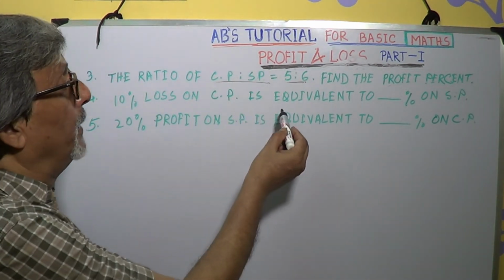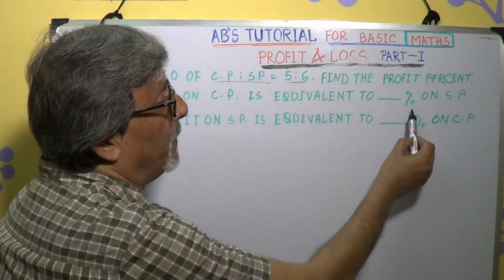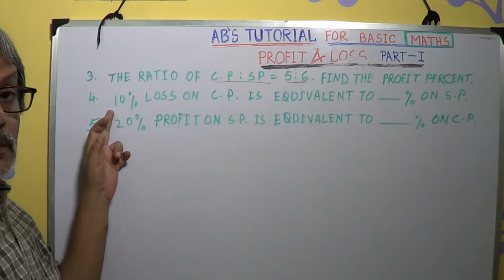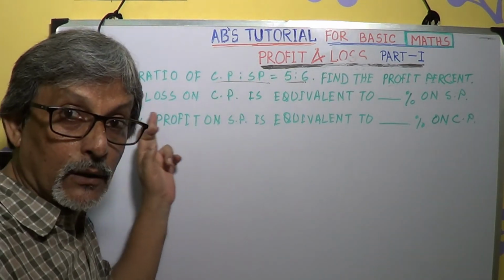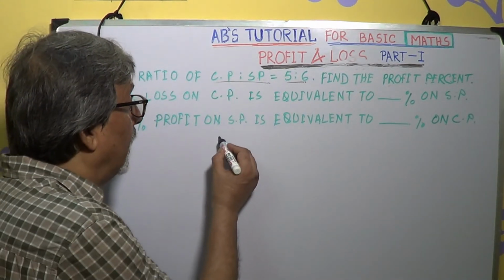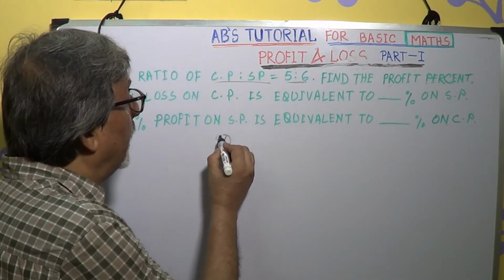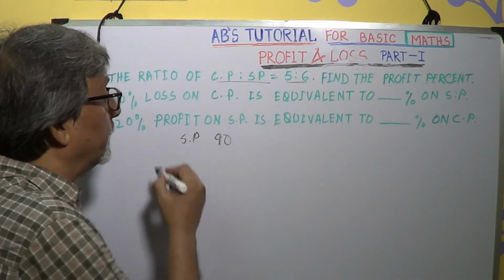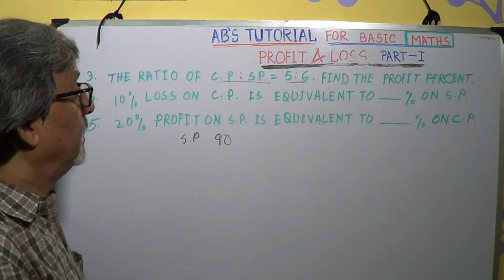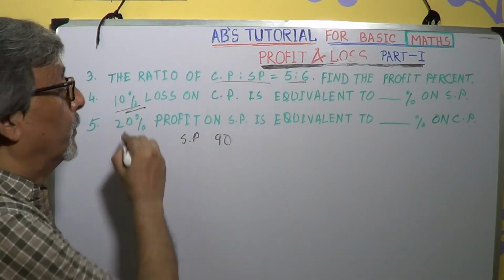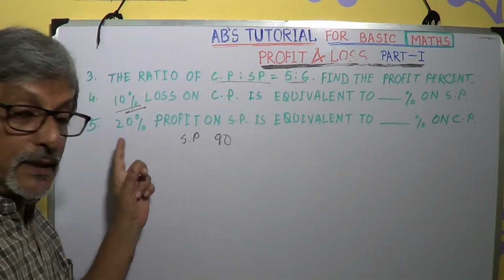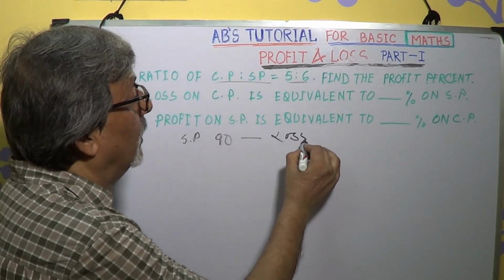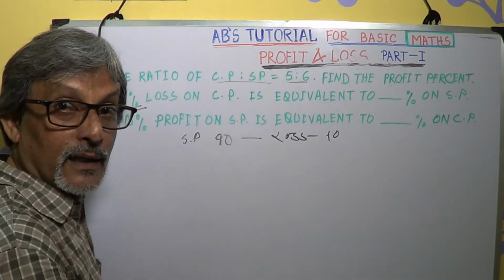10% loss on CP is equivalent to what percent on SP. So now we know that 10% loss on CP means 90 rupees, 90 be the selling price. And the amount of loss is rupees 10. So when SP is 90, loss is rupees 10, isn't it?